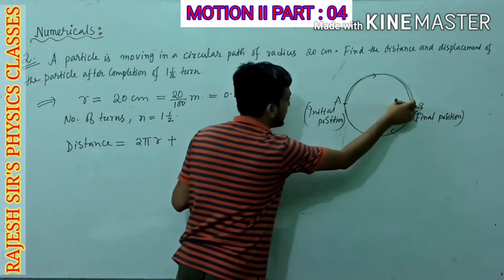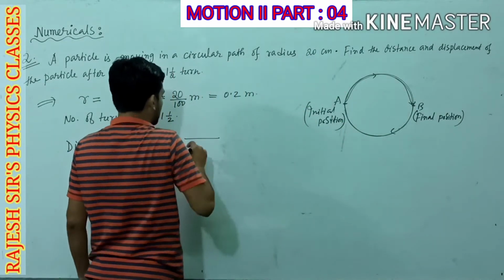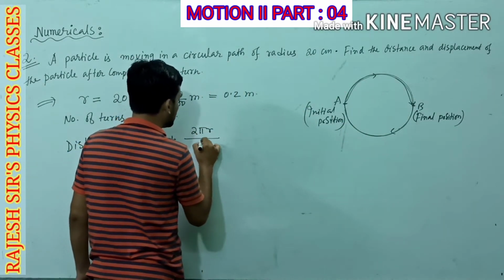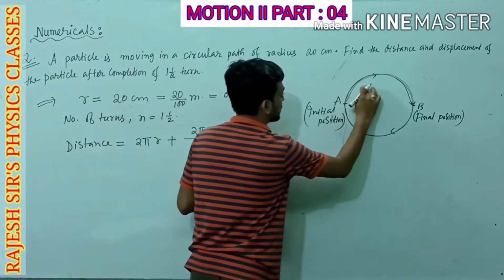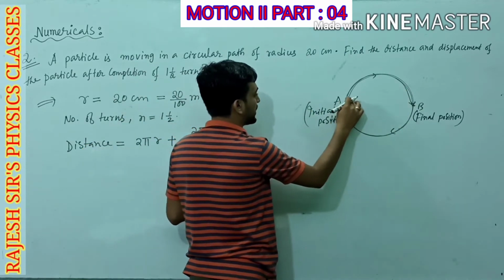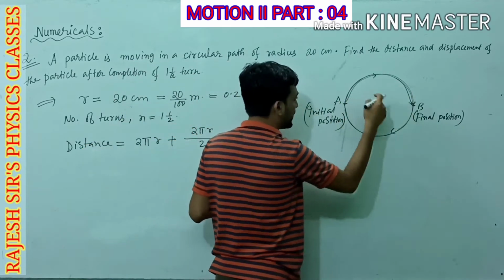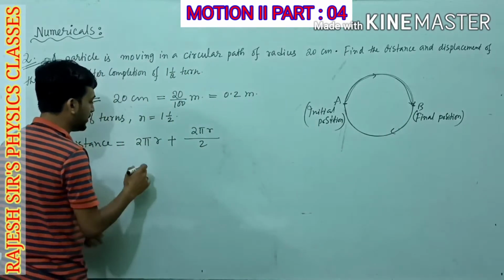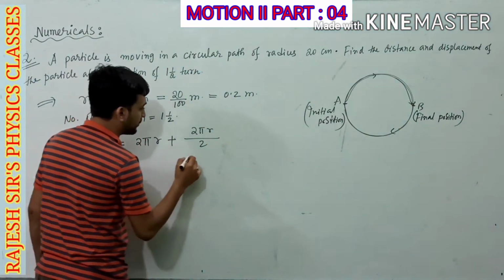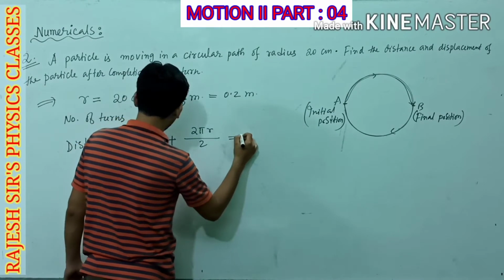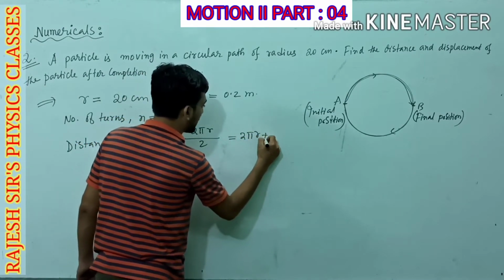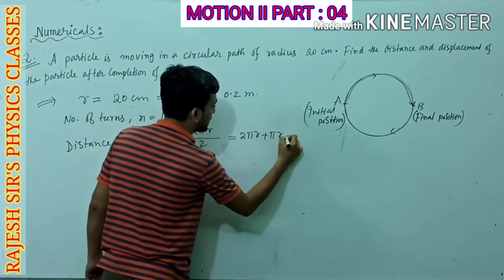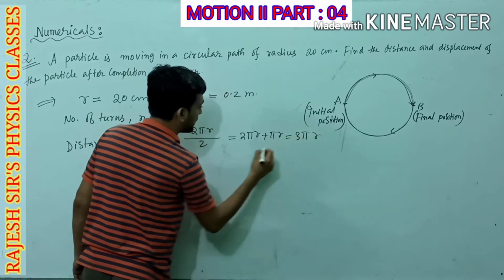So from A to B, what is the distance? Circumference by 2. If the whole distance is 2 pi r, this one will be 2 pi r by 2, half. So after calculation, we are getting 2 pi r plus pi r is equal to 3 pi r.